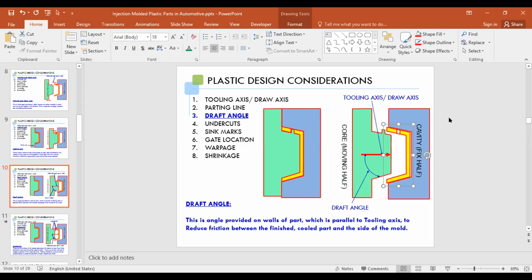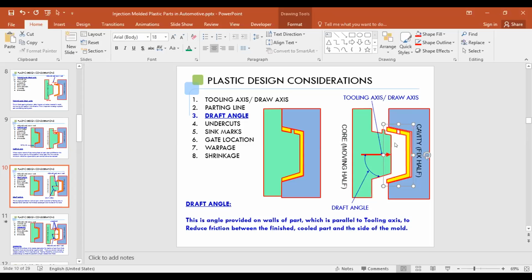The B surface is the opposite surface, which will be hidden and is not so important. All the construction ribs and screws, everything will be on that side only. So this helps to release the component from the core and cavity easily. So this draft angle is always required.